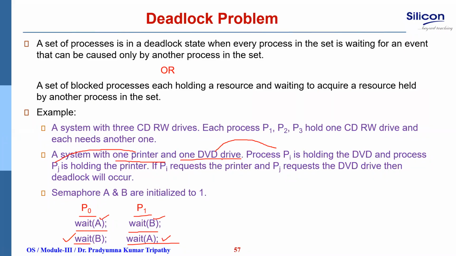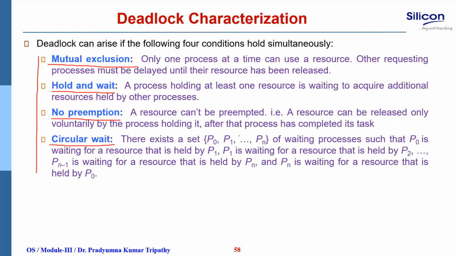This is holding the printer and waiting for the DVD. So in each example you will find every process is holding a resource and waiting for an additional resource. If they would release the previous one and request the next one, then probably the deadlock would have been broken.